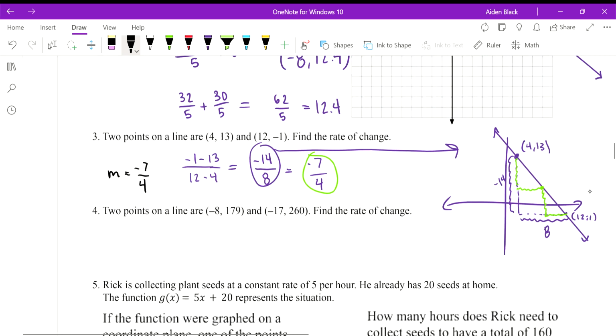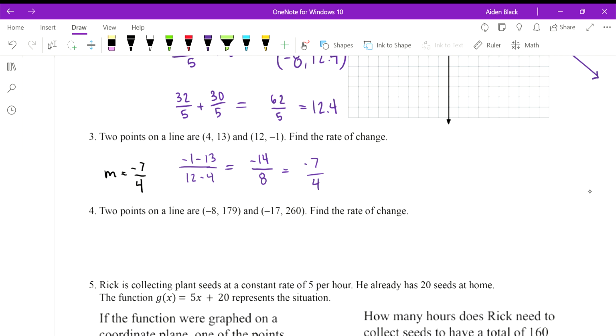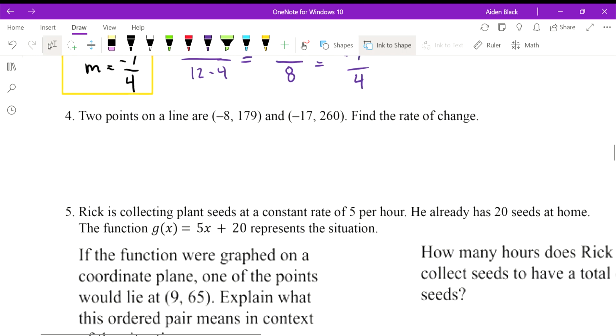Now let's try it without a graph because these are big numbers. Okay, here are 2 points. I'm going to take the y values and subtract them from each other. 260 minus 179.